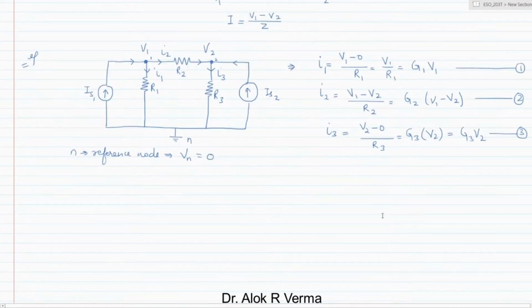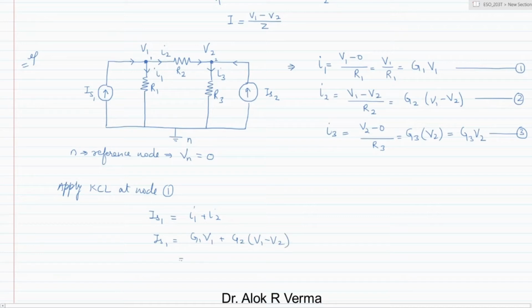What we'll do is apply the KCL at node 1. What we'll get? Total incoming current equals the outgoing current. So incoming current is IS1 and outgoing current is I1 plus I2. We can write IS1 as, substituting the values of I1 and I2 from these equations, G1 V1 plus G2 (V1 minus V2).